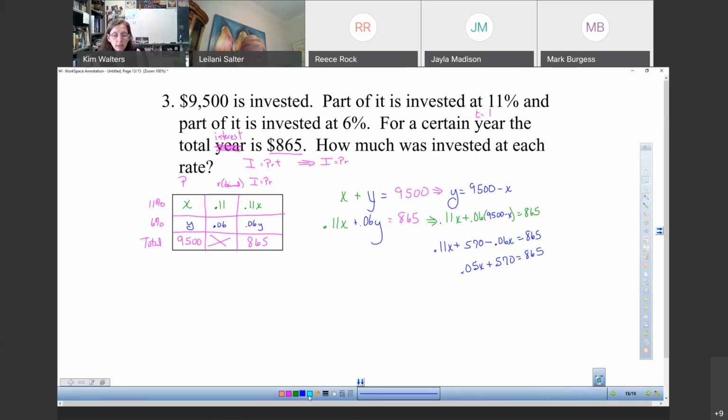I'm actually going to write that in there for you because I know we're starting to get pretty messy here. Subtracting 570 from both sides, I get 0.05x is equal to 295. Here I am going to divide both sides by 0.05. I know with these decimals, sometimes y'all don't like those, but I think most y'all are okay with that.